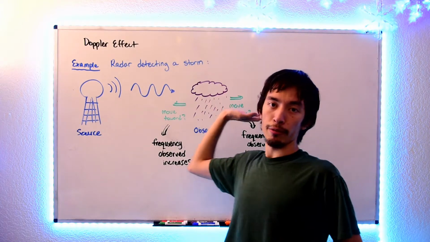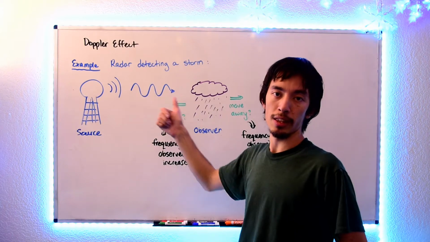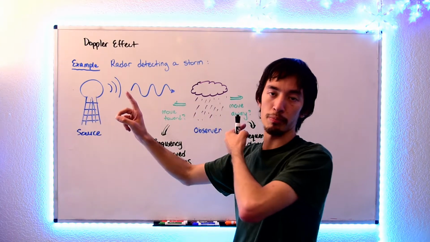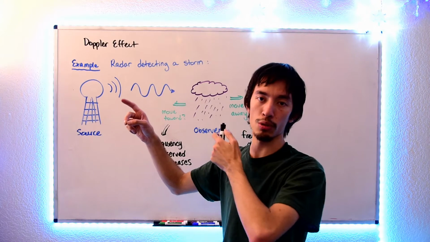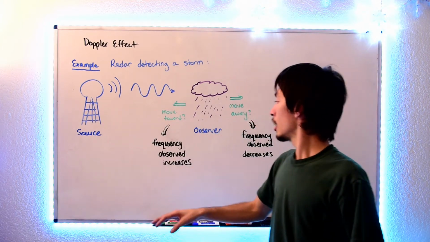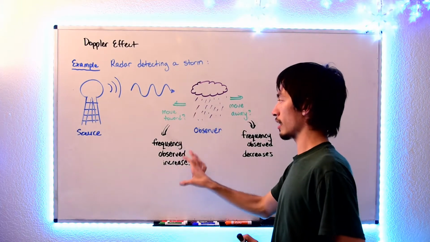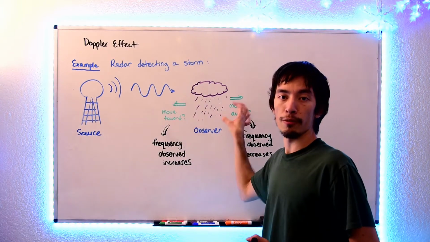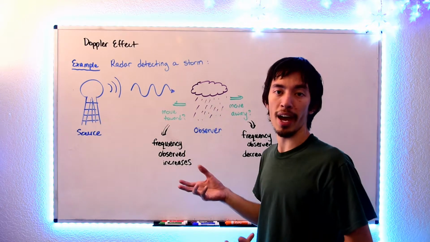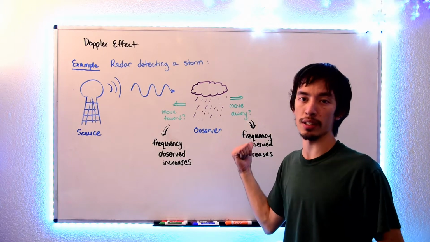But when the light reflects back, there's another complication where the roles swap and the source becomes the observer and the observer becomes the source, and it's a second Doppler shift, and it's a little bit more complicated. But the moral of the story is that moving toward and away from one another has an impact on whether the frequency observed increases or decreases.